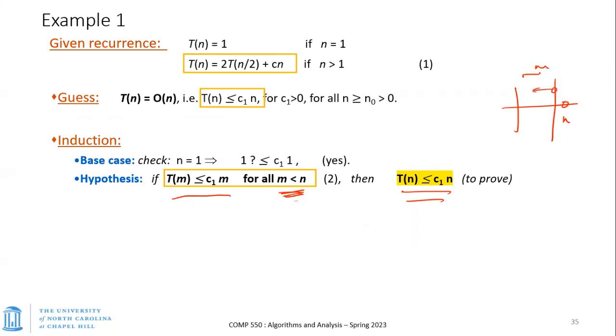This is the range of values for which the hypothesis is true, and we're saying if it is true for this range, then it's also true for the value of n. Now that we've clearly stated our hypothesis, we need to prove this.